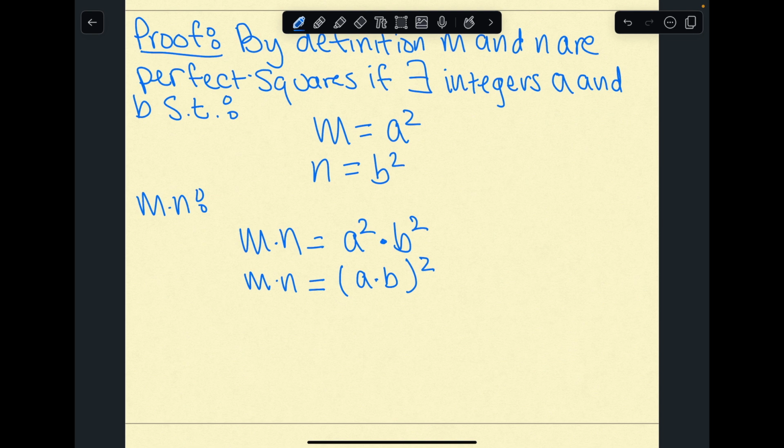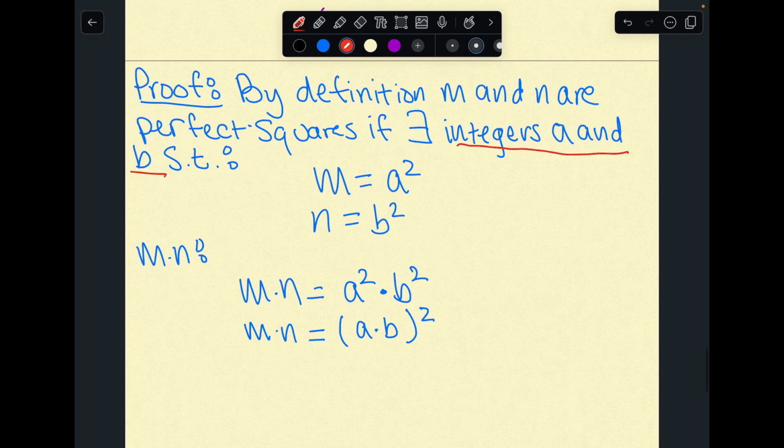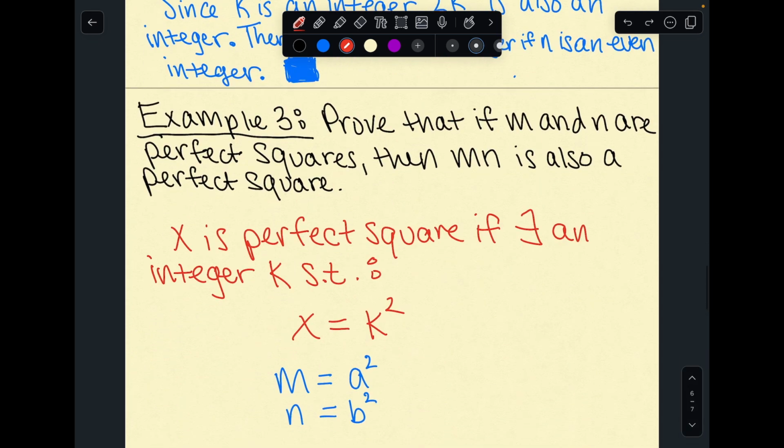And now we want to recall what we know about integers. We know that A and B are integers by definition. And we want to make sure that this expression follows the definition of a perfect square. So we know that A and B are integers, and if we look at what the definition of a perfect square is, remember it's an integer squared. A perfect square can be written as an integer squared.